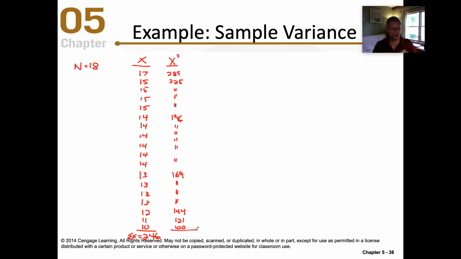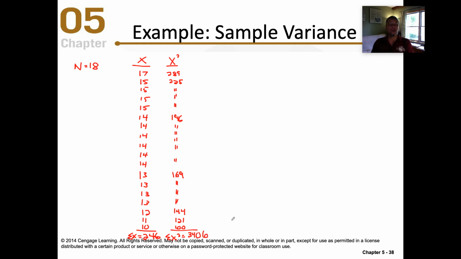Now, if I then sum this column, the sum of x squared, if you add all these up, so 289 plus 225 plus 225 plus 225 plus 225 plus 196, 196, 196, 196, 196, 196, 169, 169, 169, 169, 144, 121, and 100, you end up with a total of 3,406.